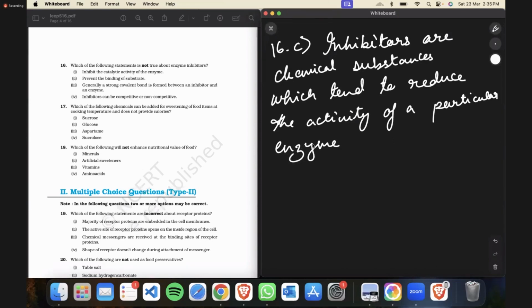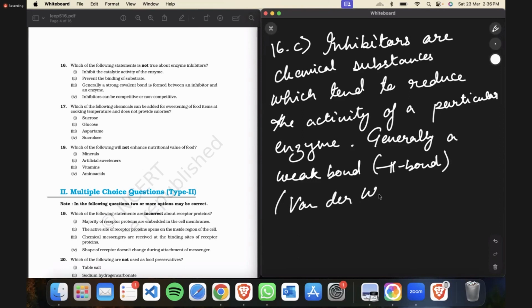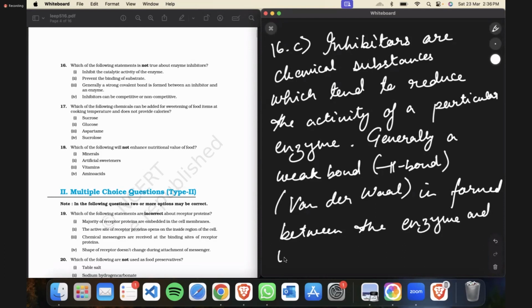Generally, a weak bond such as H bonding or van der Waals is formed between the enzyme and inhibitor, not covalent.